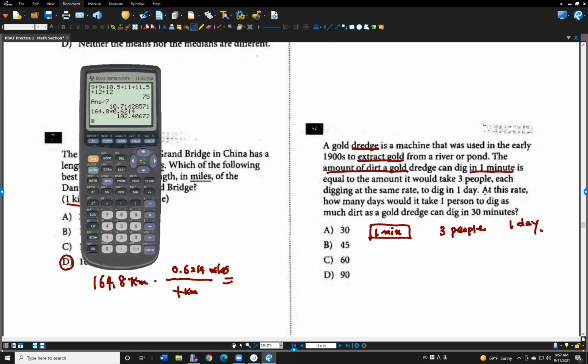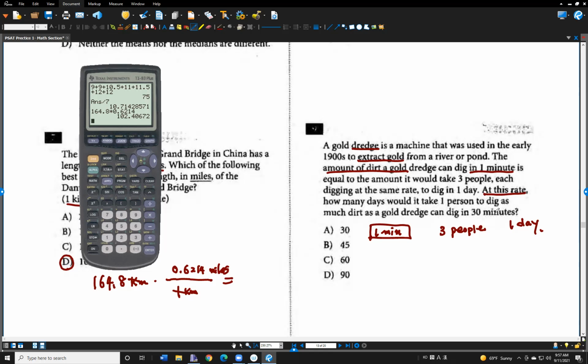At this same rate, how many days should it take 1 person, not 3 people, to dig as much dirt as the gold dredge can dig in 30 minutes?